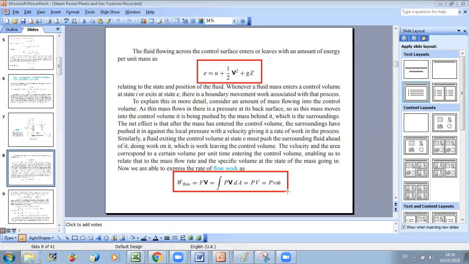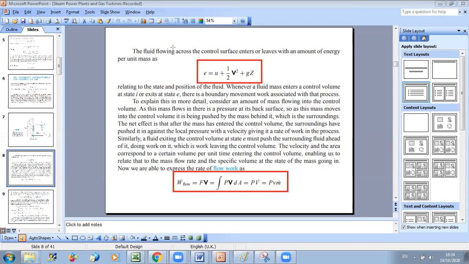And as I told you before, when we take a control volume, we should consider two types of work. We should consider the work that is given to the control volume or lost by the control volume. Plus, we should consider the work through boundaries that are entering or leaving my system. And the flow work is defined as follows.